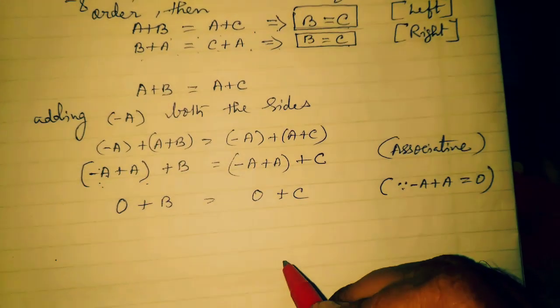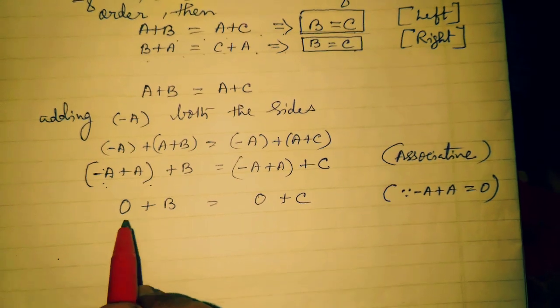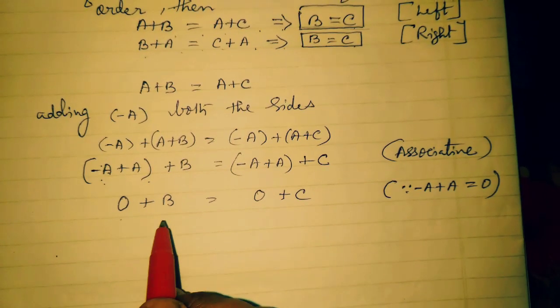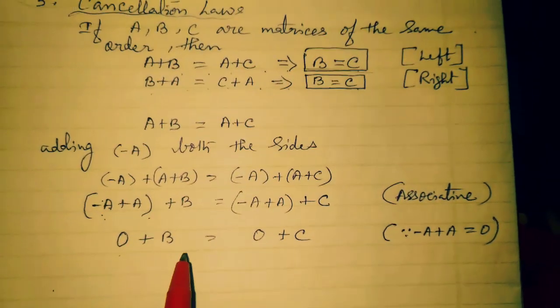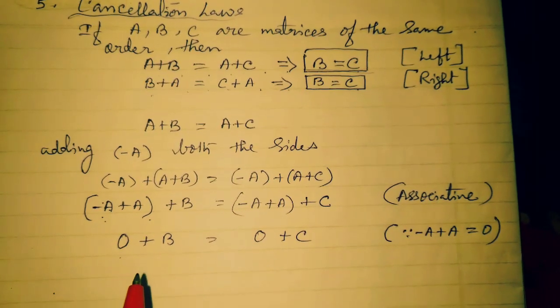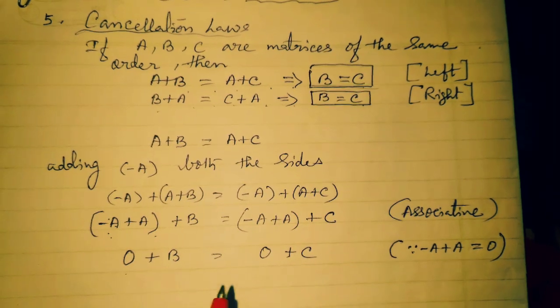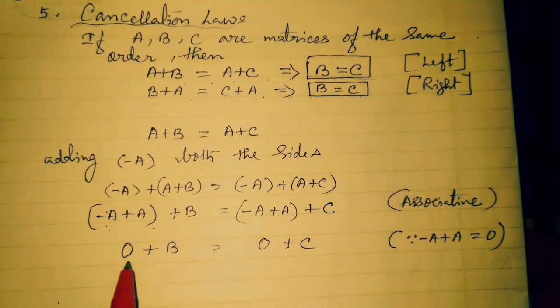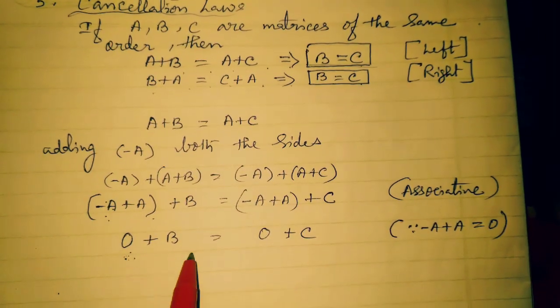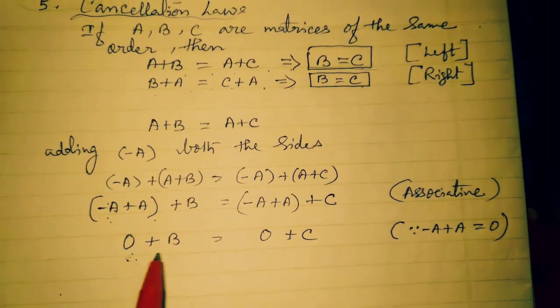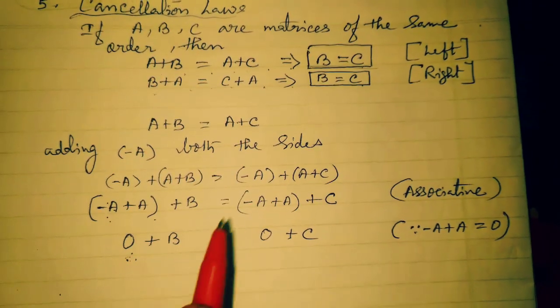Clear, student? If we add the null matrix to any given matrix, there is no change. That is the property of addition, the existence of the identity element. So the null matrix is the identity element. If we add the null matrix to any matrix, there will be no change in the addition.